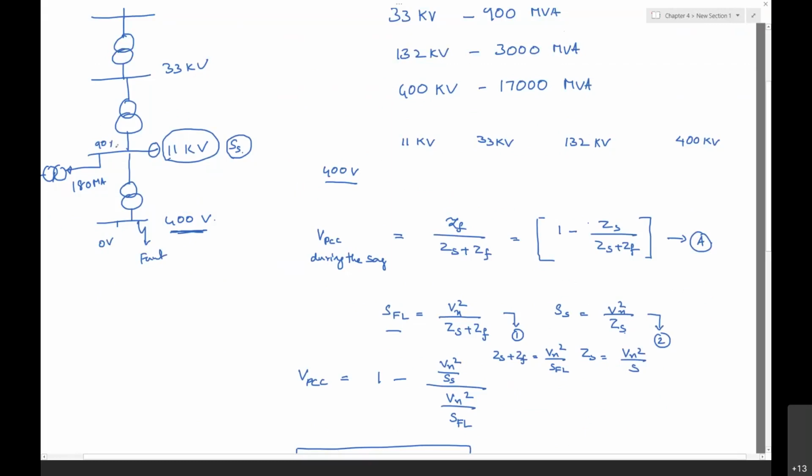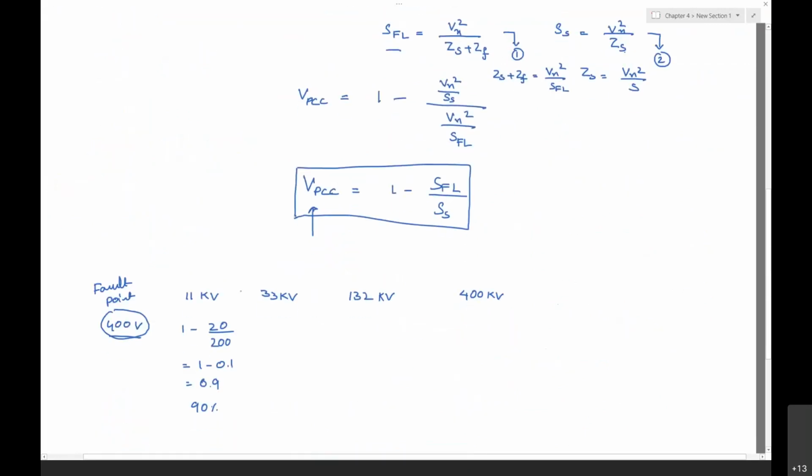The same thing, if you consider the point of common coupling, we are going to find out the voltage at the 33 kV line. In that case, we get 1 minus 20 divided by the source MVA, which turns out to be 900.